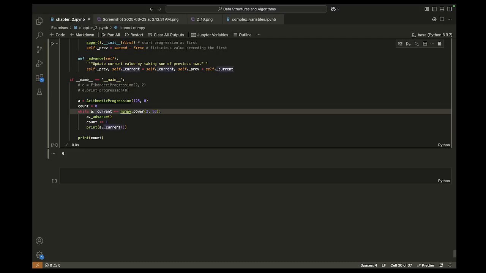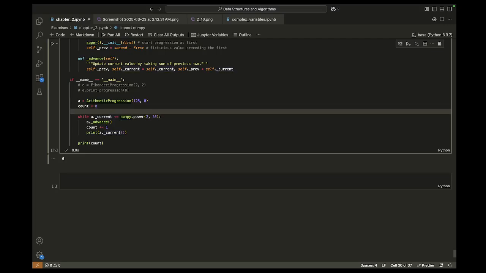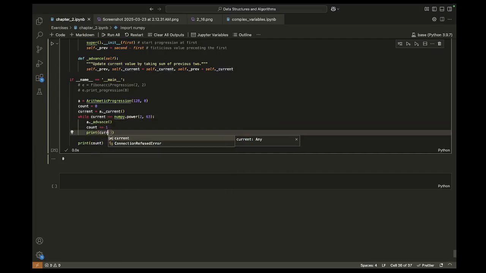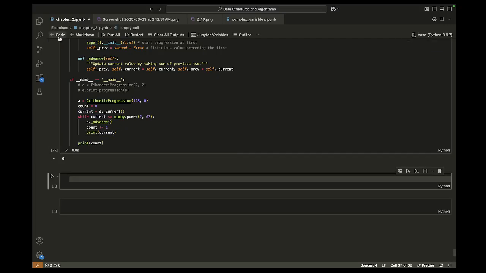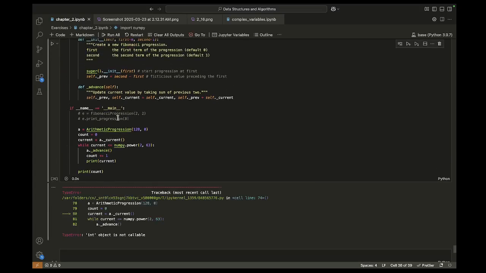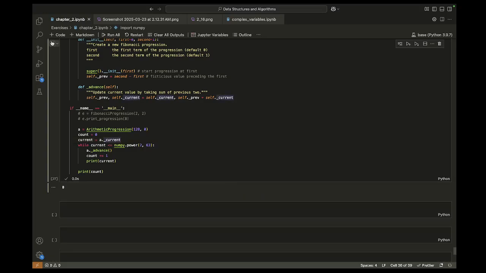Okay, a dot current. I don't know what's going on. Okay, wait.